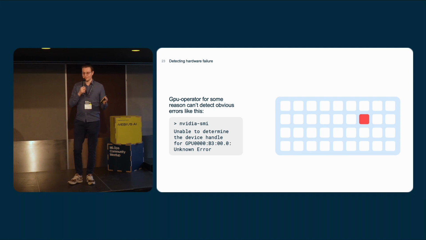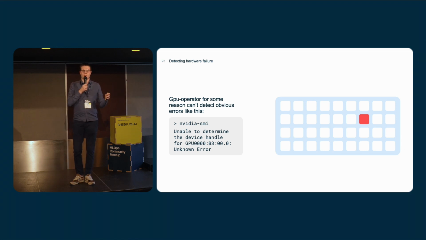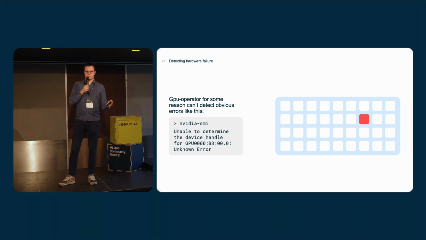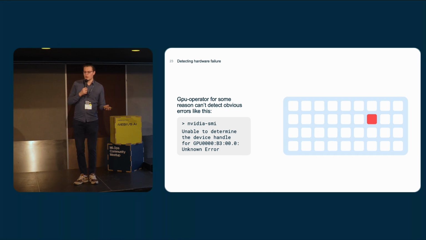So in order to overcome this problem, we have implemented a daemon set that periodically checks on each node the exit code of nvidia-smi and disables nodes whose exit code is non-zero.